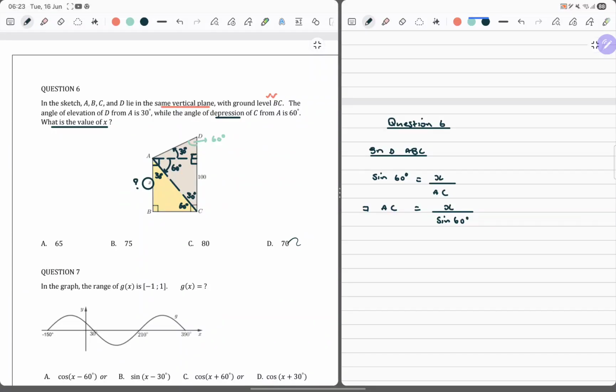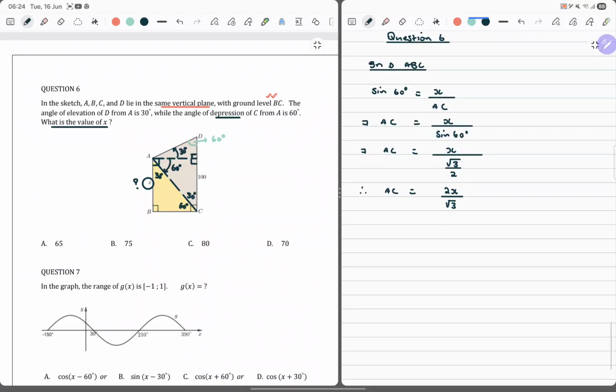Right, but I can already see that I've got values, so I need to get rid of this. Maybe let's not conclude just yet. So we know that AC is going to be x over sine of 60, which is root 3 over 2 from our special angles. So therefore AC, this flips, becomes 2x over root 3. Okay, that's the first thing that we can do.